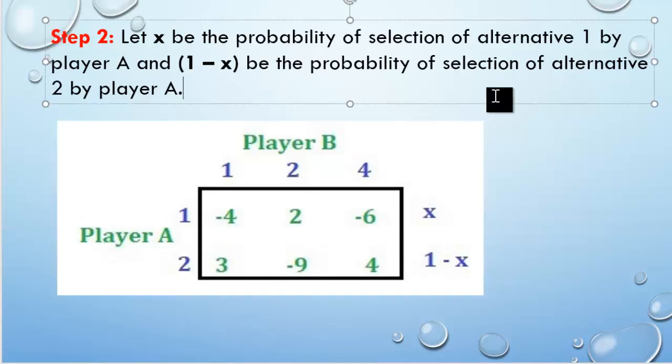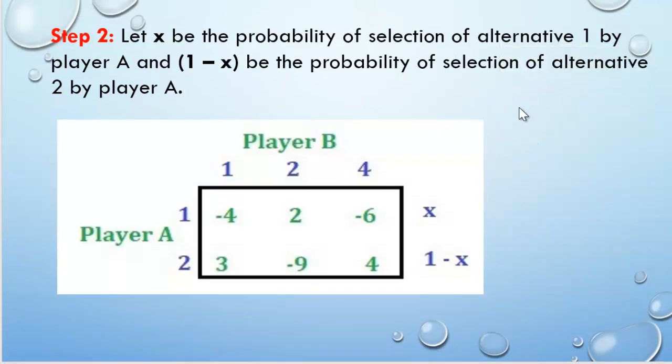If I have two choices for A, what is the probability that player A will choose one, and what is the probability that player A will choose two? Say, to choose one the probability is X, and to choose two, what will be the probability? Because the sum of the probabilities of both will be equal to 1.